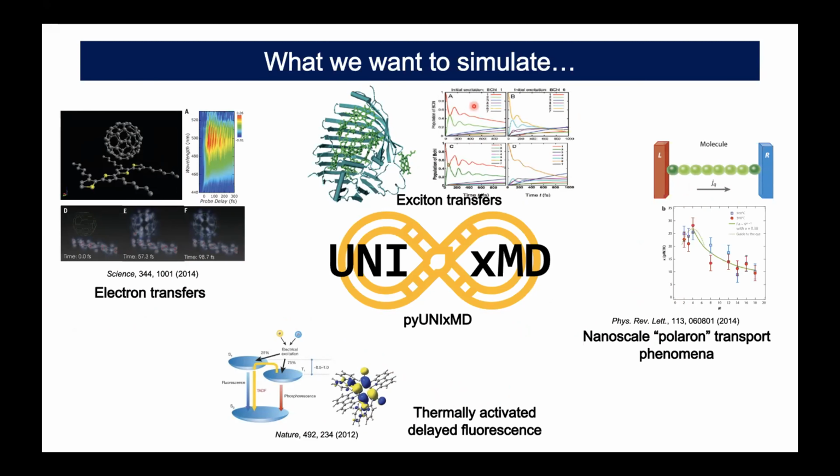These phenomena all come from the correlation between the electron and nuclear motion. So the purpose of PyUNixMD is to deal with this kind of correlated motion between the electrons and nuclei.